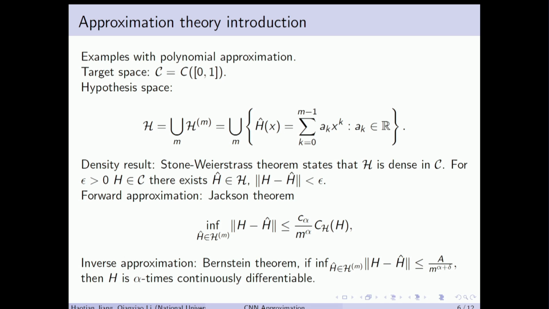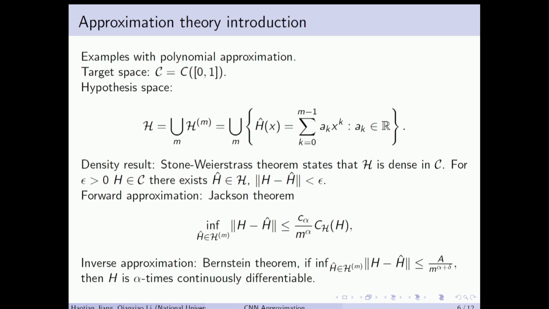So what this rate tells us is that for any target in the target space, we can compute this complexity measure, and in fact, this is a Sobolev norm of the target. And when we have this rate and a given target, we know how the error behaves when we increase the number of parameters or the number of terms in the polynomial.